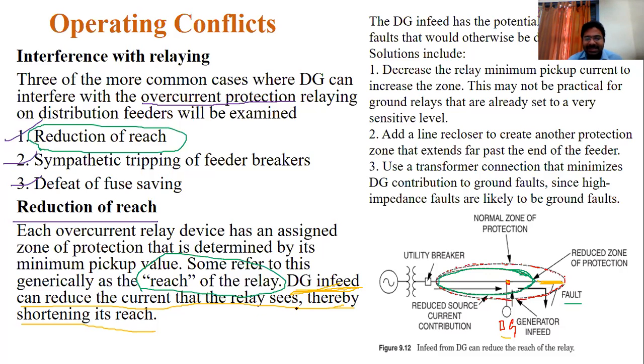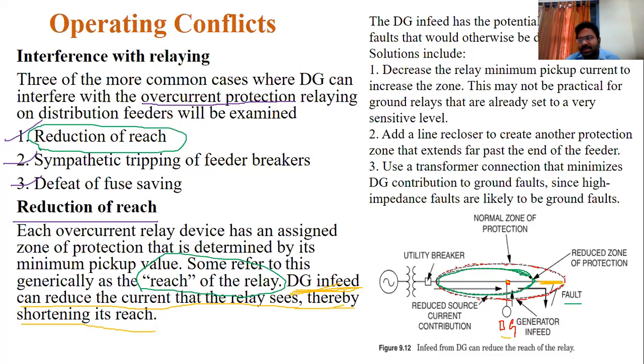Because of this DG infusion to this feeder, what will happen here? The amount of the current is reduced. Here the DG current detection is reduced, some 20% is reduced.